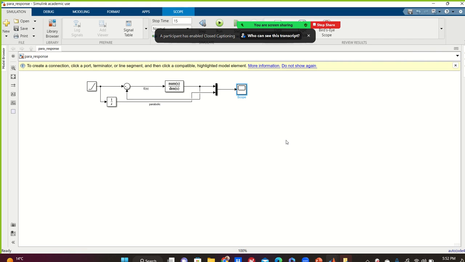Before integration it was ramp, but after integration it is parabolic. See what I'm saying? You see, whatever you learned in high school you're using in control engineering, right?